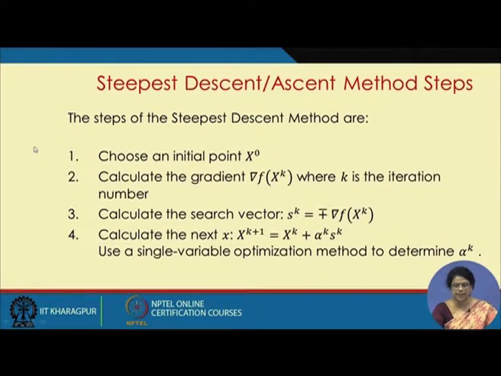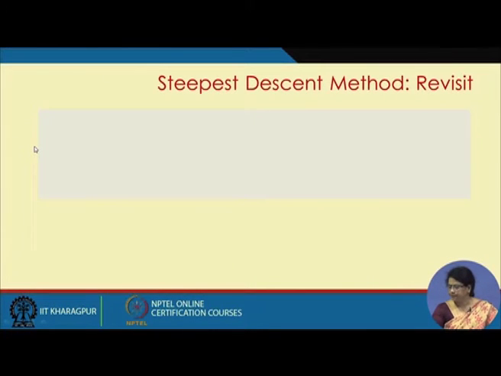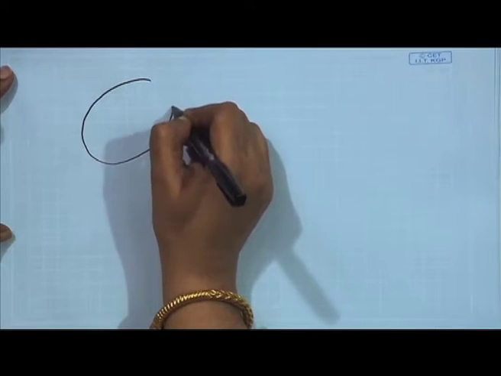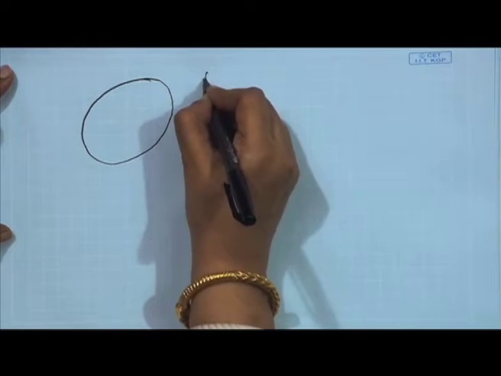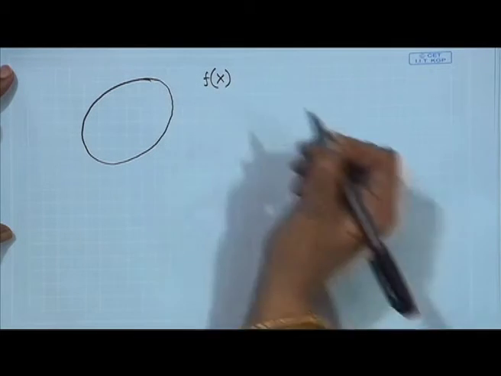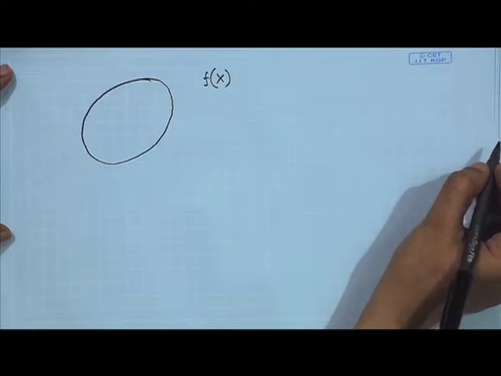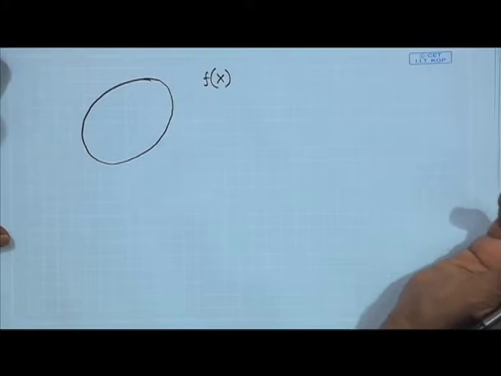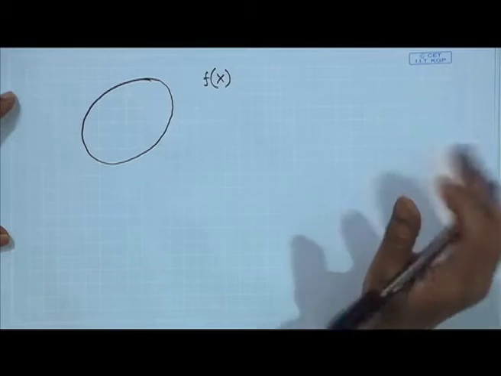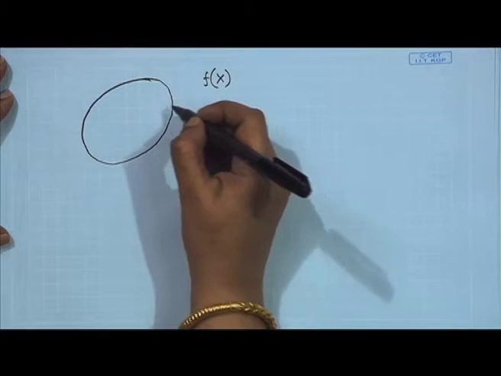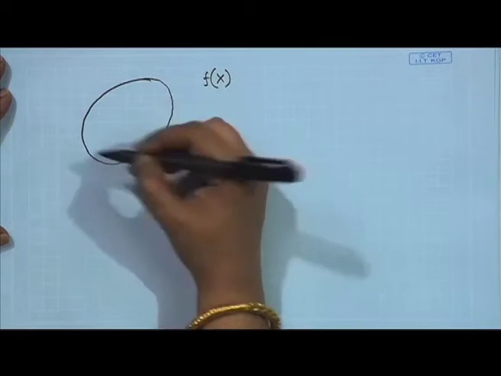Now, let us consider one example for this. Suppose we have a function f(x), where capital X is the vector. It can be in R2, and similarly it can be in R3, that is a surface, etc. If I consider the simplest case, that is R2, then this is a level set of the function.